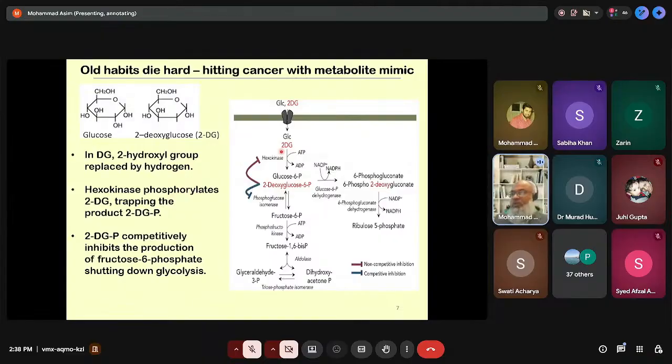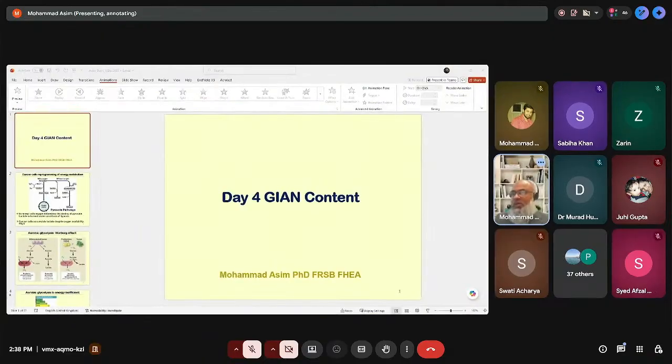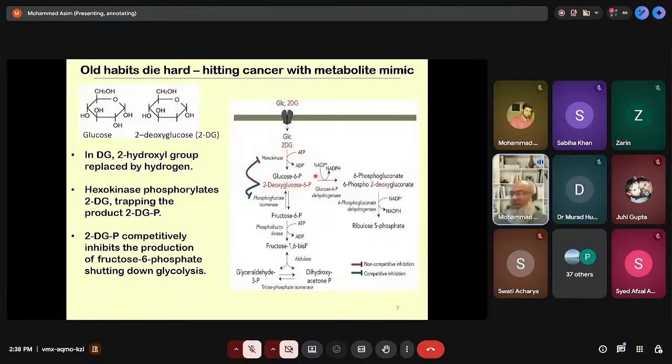Likewise, what is happening here, 2-deoxyglucose can actually be formed by this reaction, 2-deoxyglucose 6-phosphate. Hexokinase does not really discriminate between glucose and 2-deoxyglucose, but once 2-deoxyglucose is formed, it can actually shut down this whole glycolytic pathway.